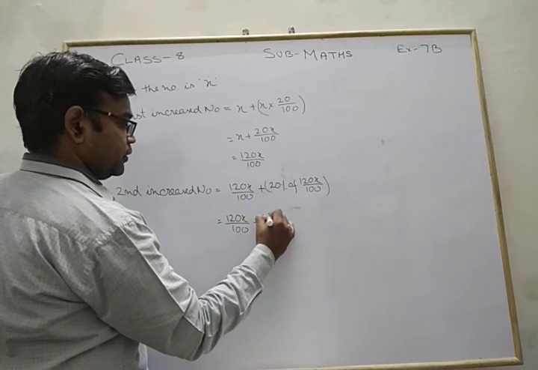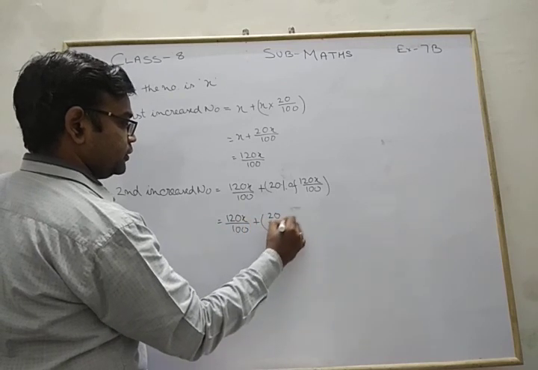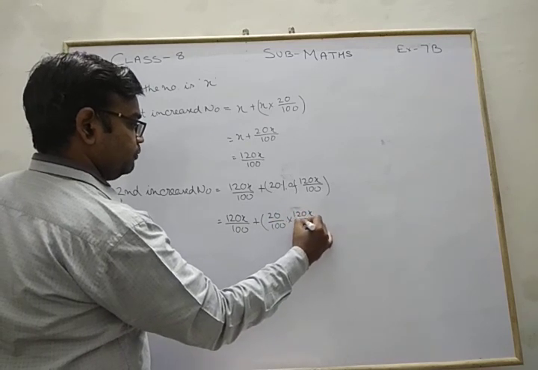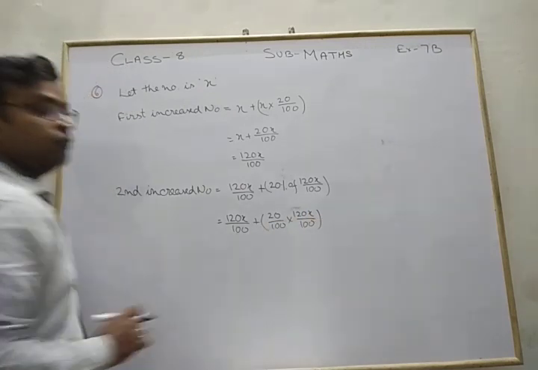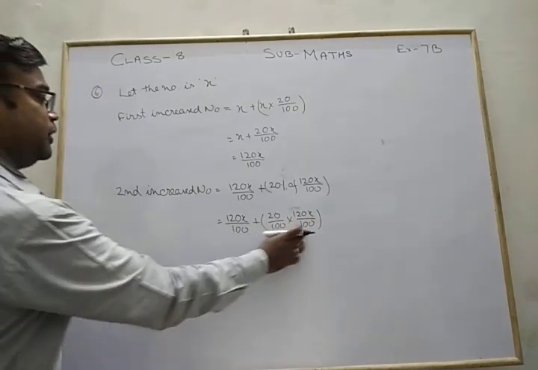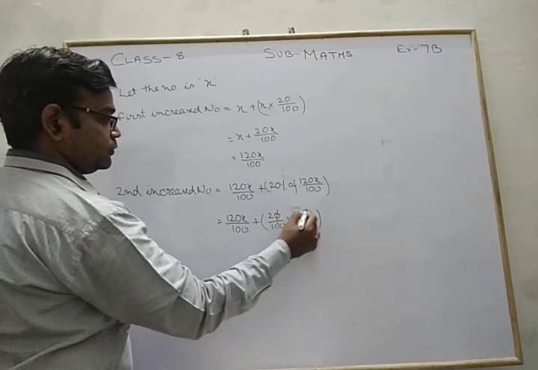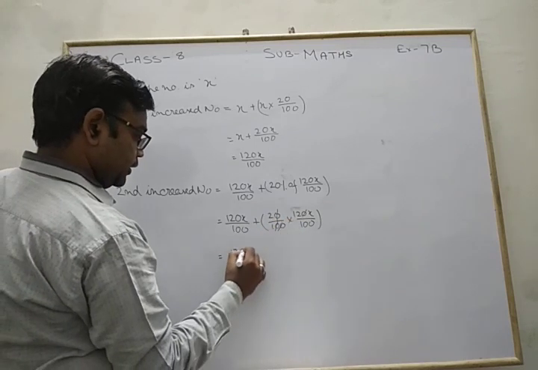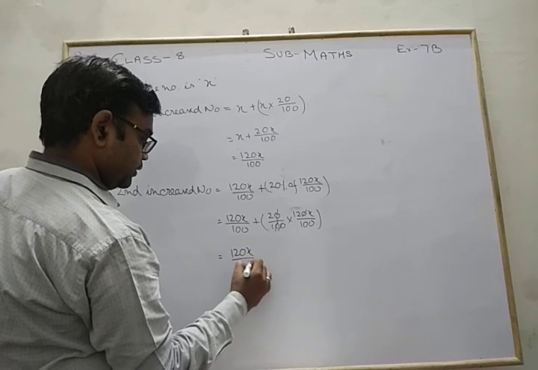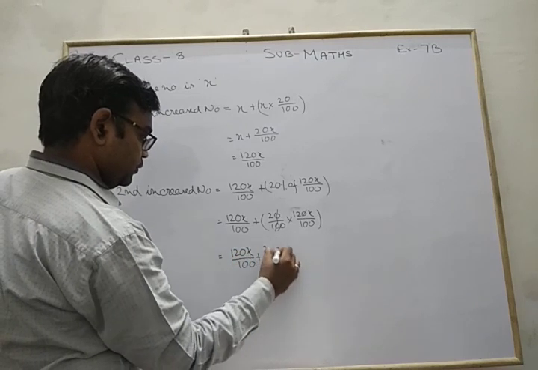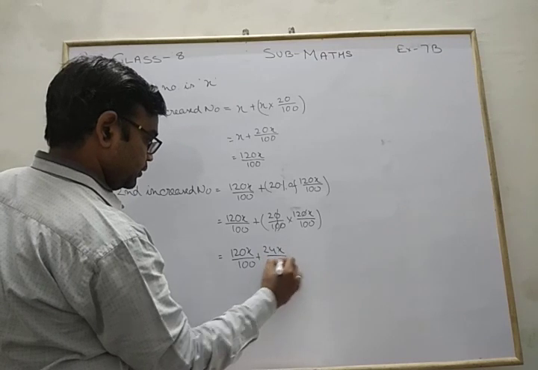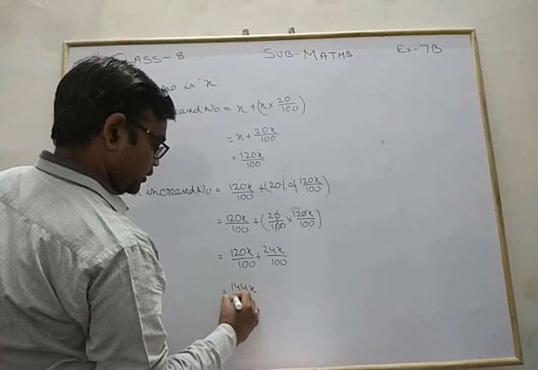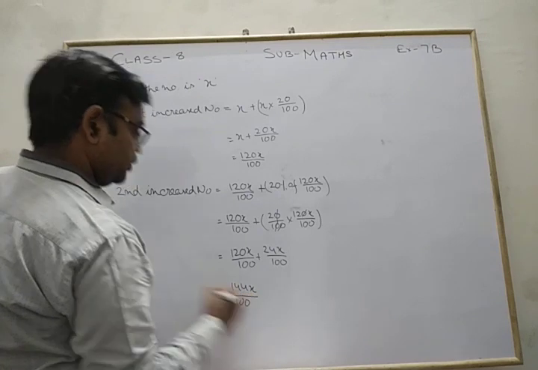Plus 20 upon 100 into 120x upon 100. If possible, we must remove 100 so that we have the same denominator. In this case, we can easily remove it. What we have is 120x upon 100 plus 24x upon 100. We have 144x upon 100. This is your new number.